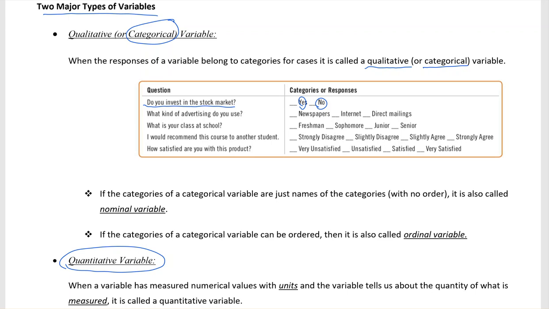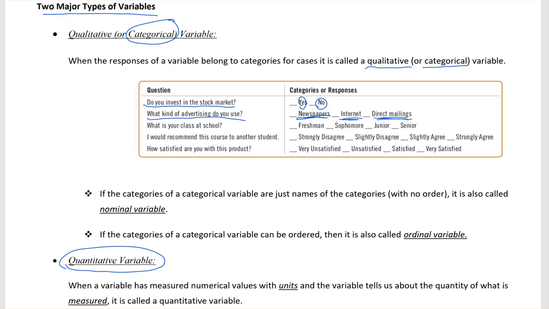Then for this kind of variable, we'll call it categorical variable. Another example, if the question is asking what kind of advertising do you use, I will provide three options for you to choose, either newspapers, internet, or direct mailings. Right, so your response will belong to either this category or this category or this category.